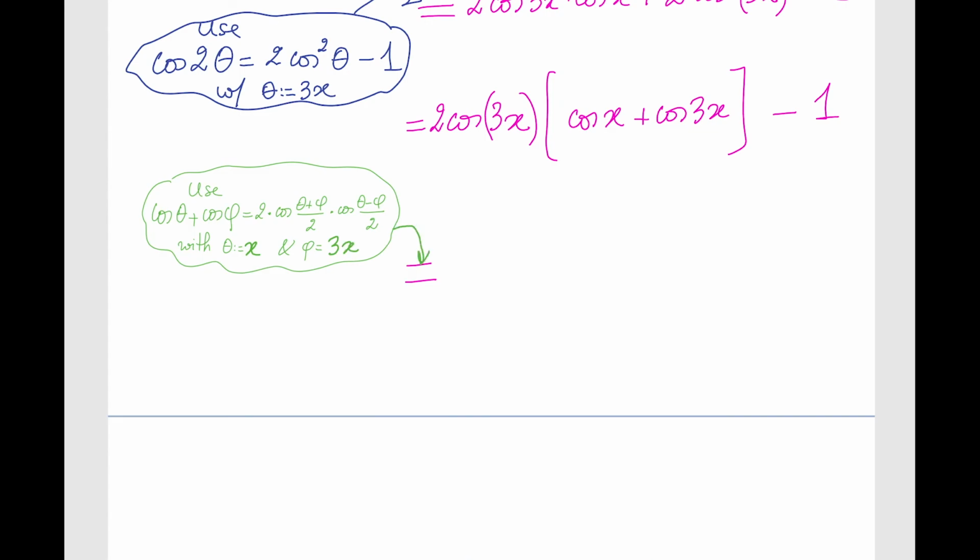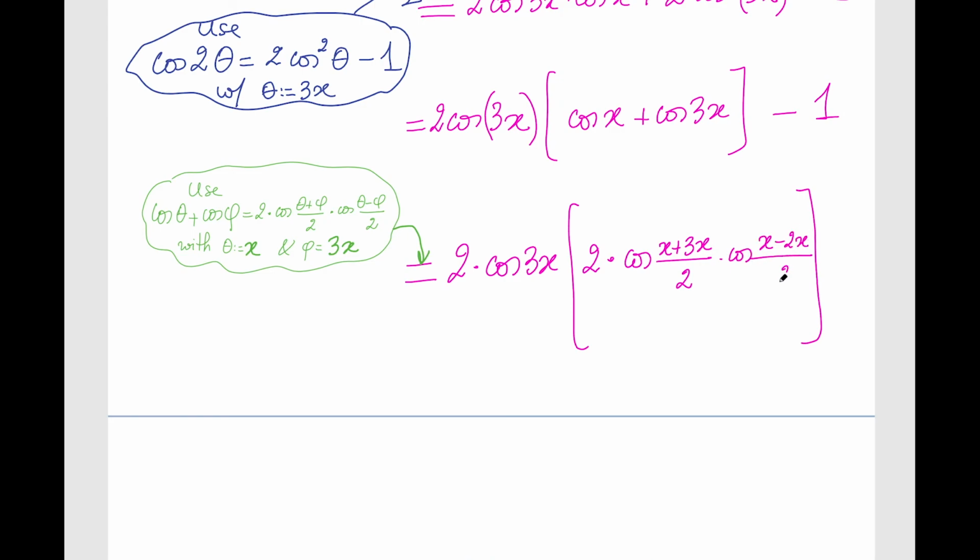And let's choose phi to be 3x. And as such, we get 2 times cosine of 3x times 2 times cosine of the sum of theta and phi, so between x and 3x, over 2, times cosine of the difference over 2, minus that one.